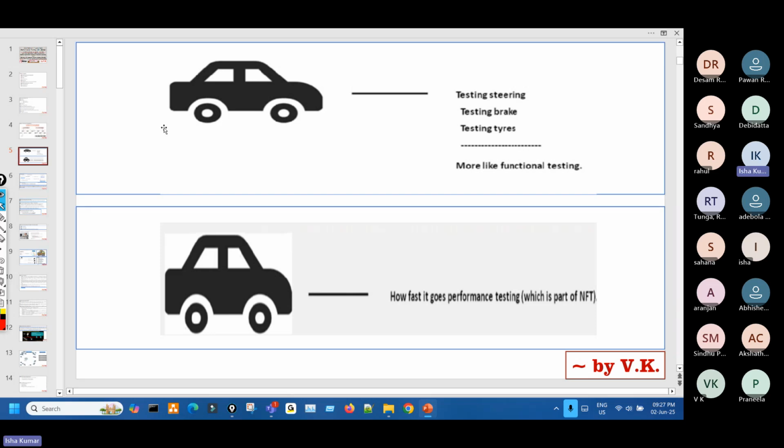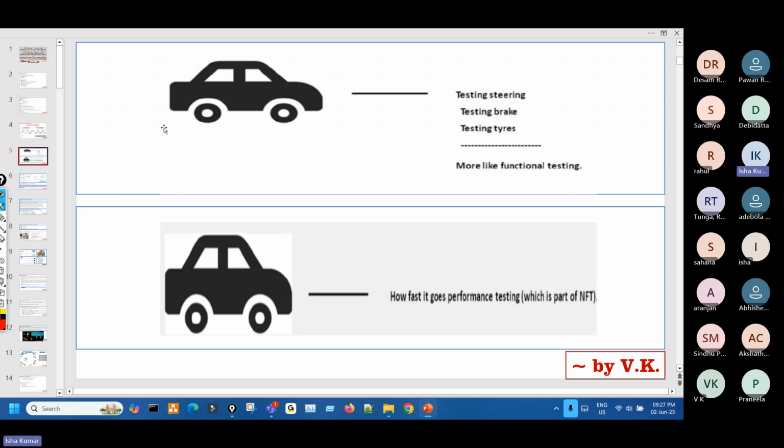What is the meaning of as per its functionality? For what purpose any component has been designed, it should be working like that.